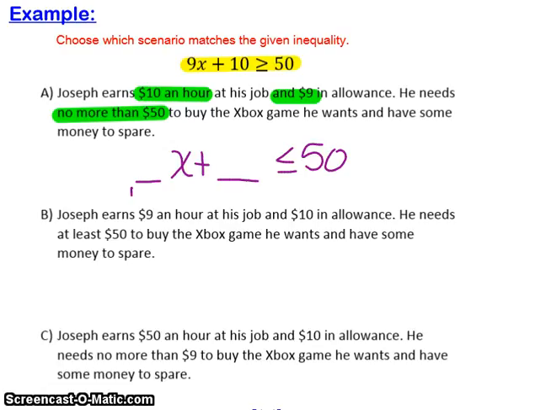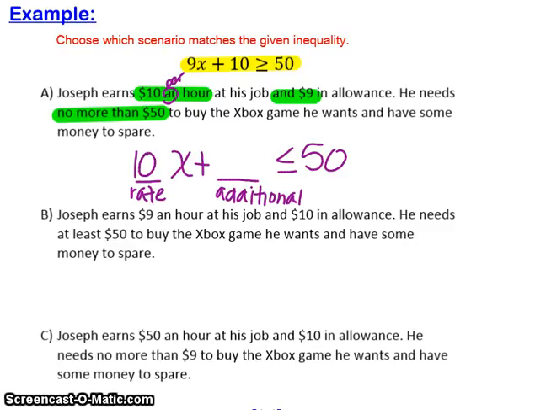So then I have to fill in my x, my plus, and then I have these two numbers here. I know this first one is my rate. I know this second one is the additional information. So my rate, I always find the word per or each. Well, in this instance, it doesn't tell me per or each. It says $10 an hour, and an is the same thing as per. So $10 an hour is the same thing as saying $10 per hour.